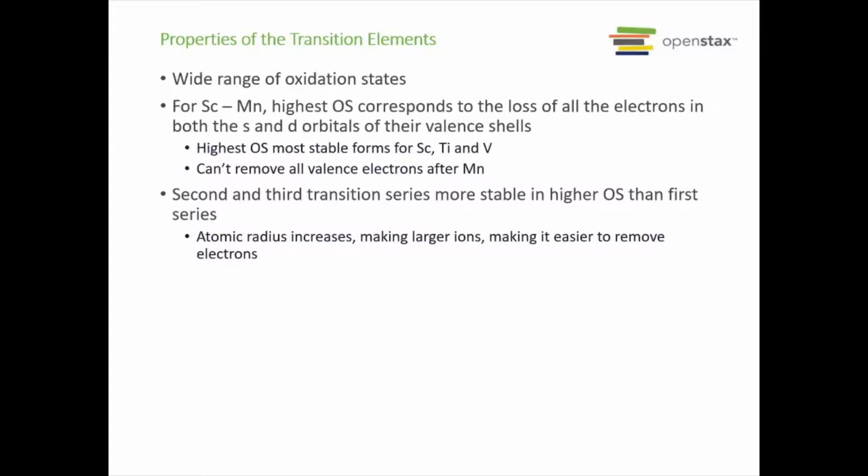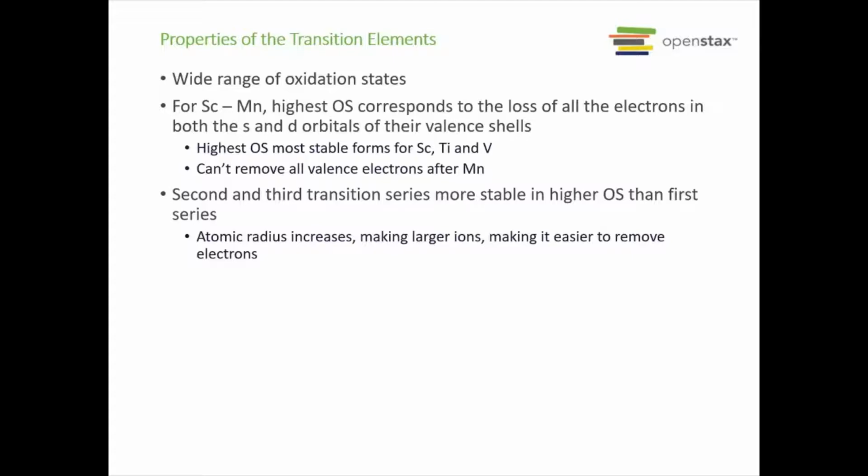Now, our transition metals have a wide range of oxidation states. If we're looking at scandium through manganese, from our first transition series, their highest oxidation state corresponds to the loss of all the electrons from both the s and d orbitals of their valence shell. And this is actually the most stable form for scandium, titanium, and vanadium.